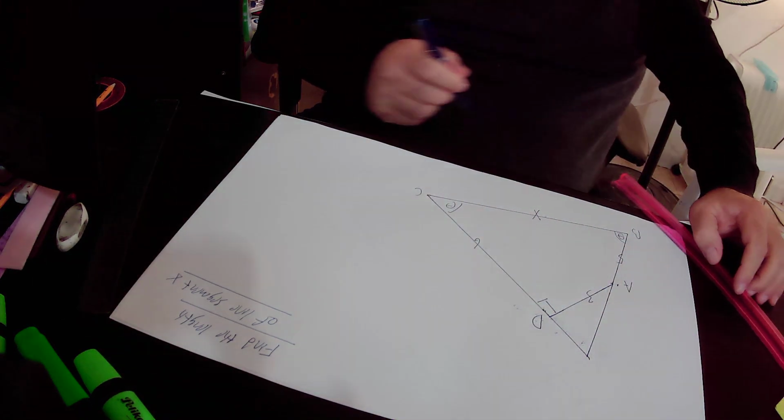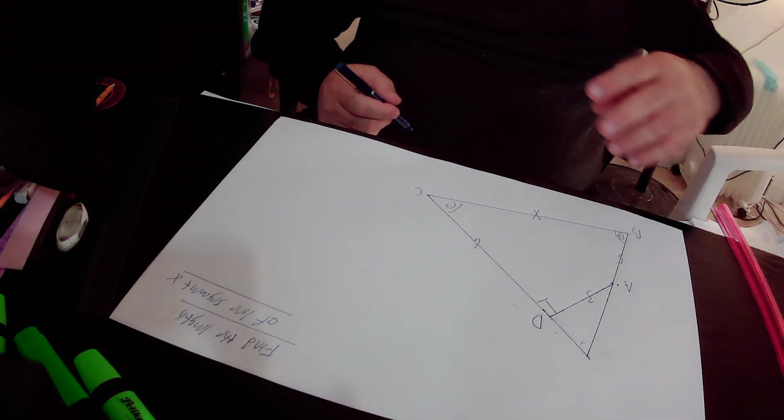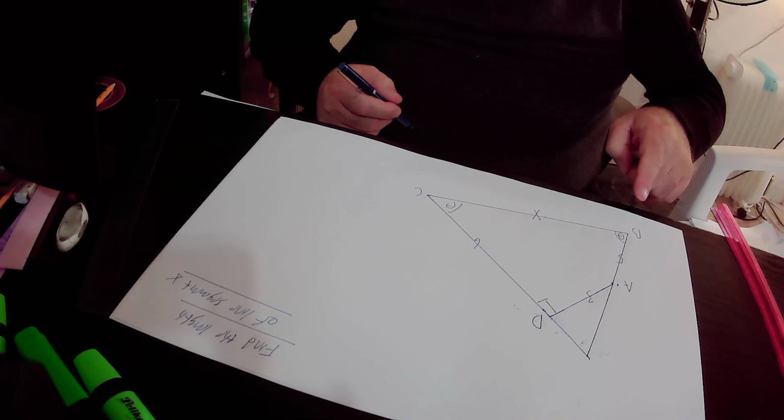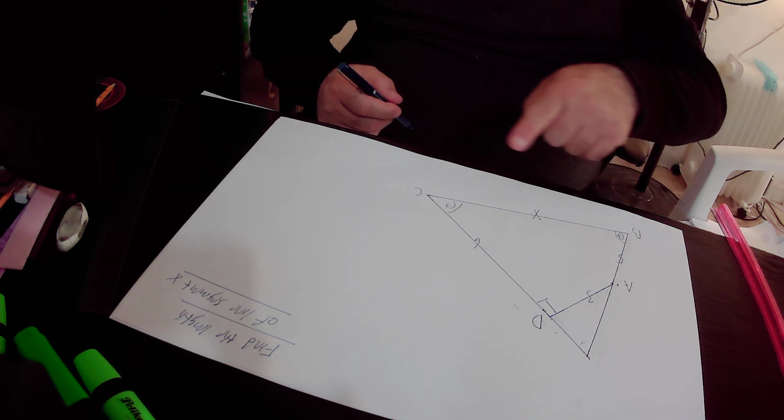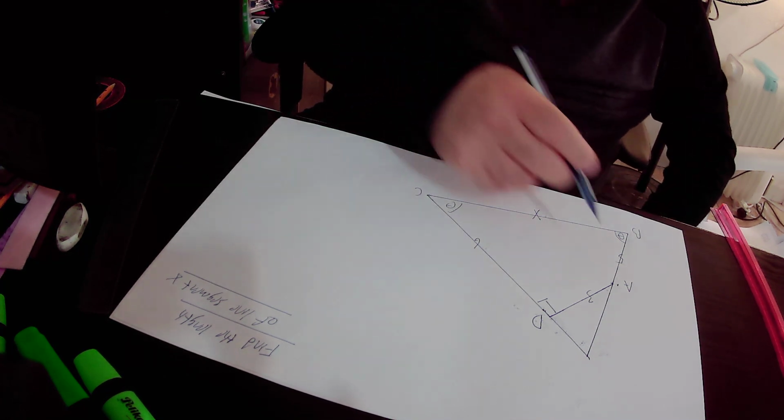We will define the intersection point between extended line segment BA and extended line segment DC as point E.